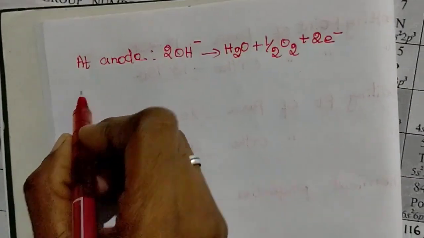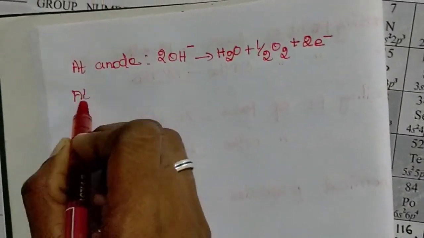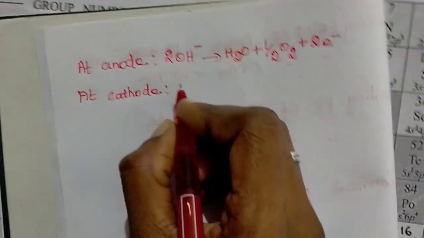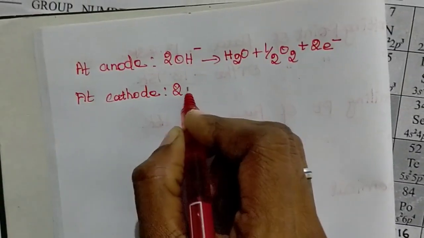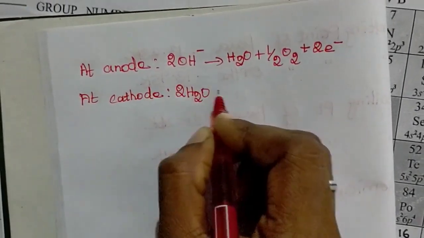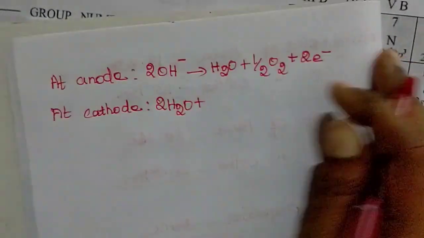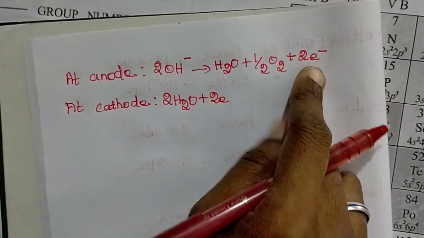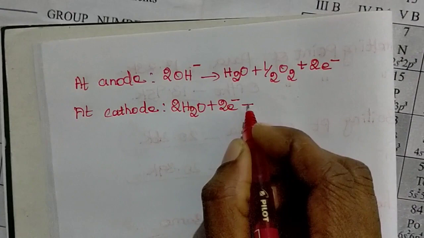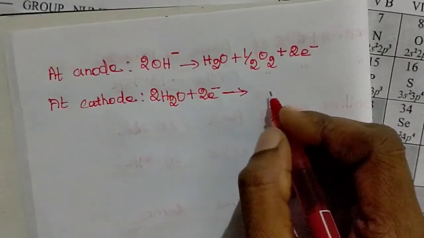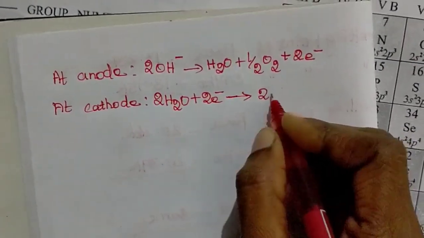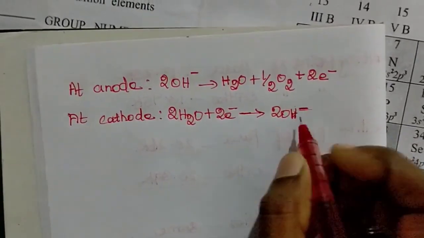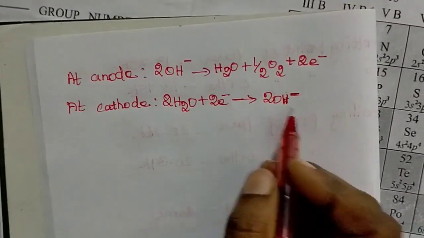The reaction which happens at the cathode: 2 molecules of water accept the 2 electrons released from the anode and convert into 2OH minus. OH minus denotes the acceptance of electrons.